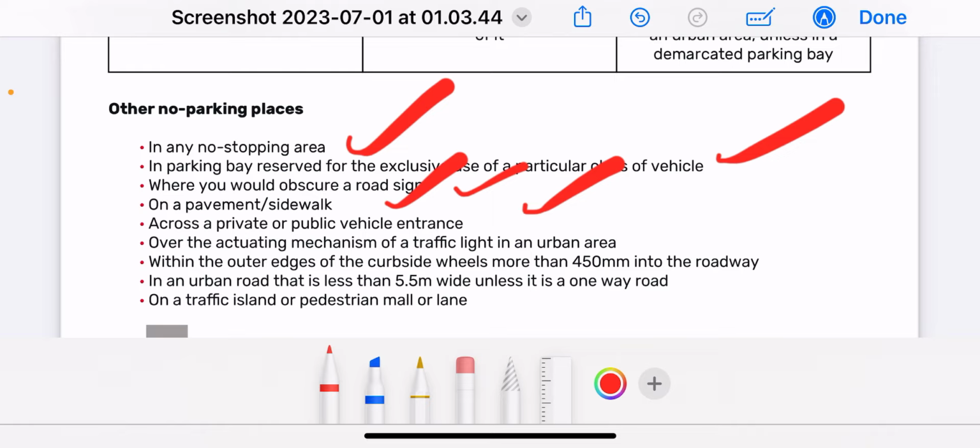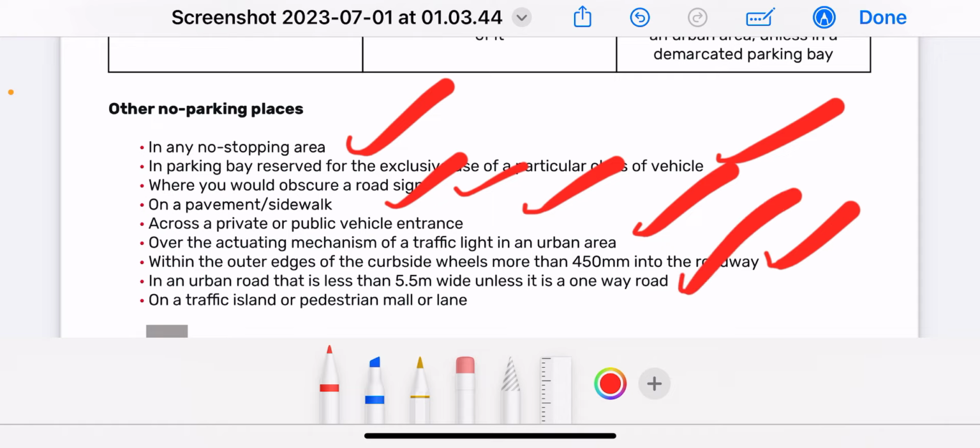You don't park over the actuating mechanism of a traffic light, and you do not park with the outer edges of the curbside wheel more than 450 millimeters into the roadway. You do not park on an urban road that is less than 5.5 meters wide.